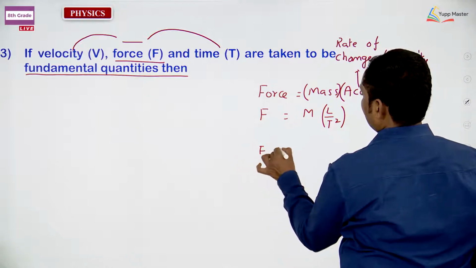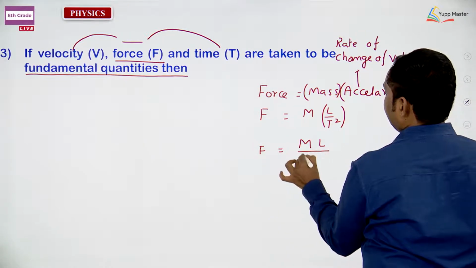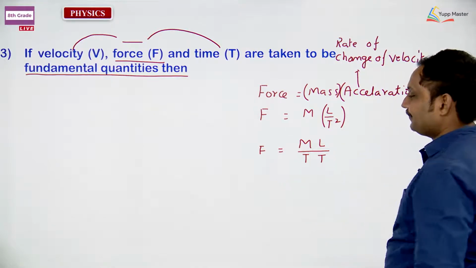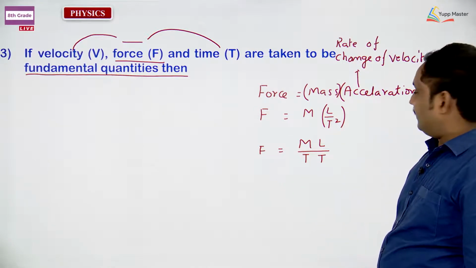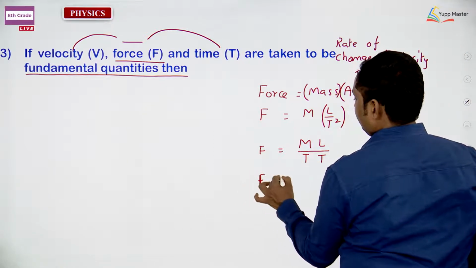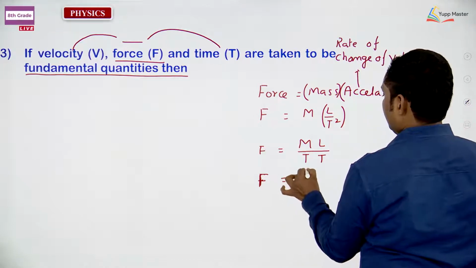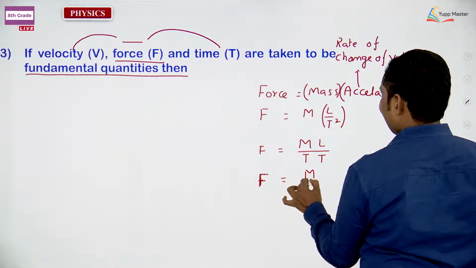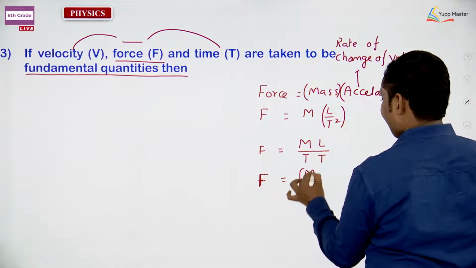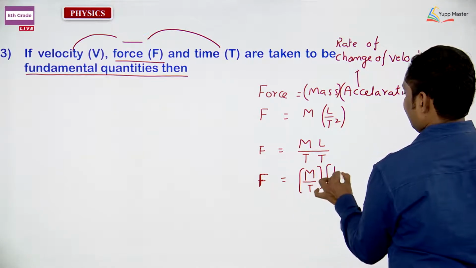Therefore, F is equal to m L by t into t. Very good. Now you can split this one. F is equal to m by t and L by t.